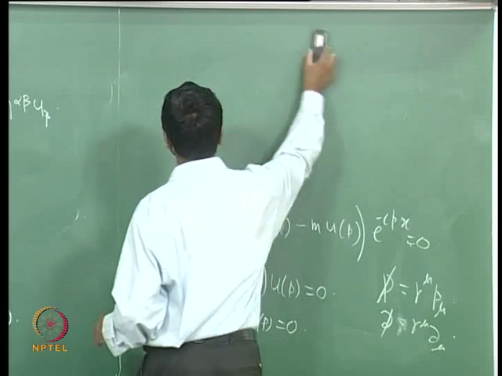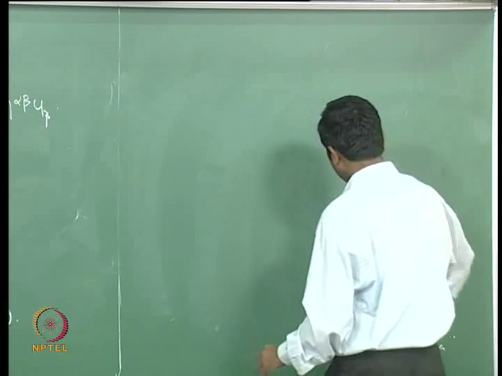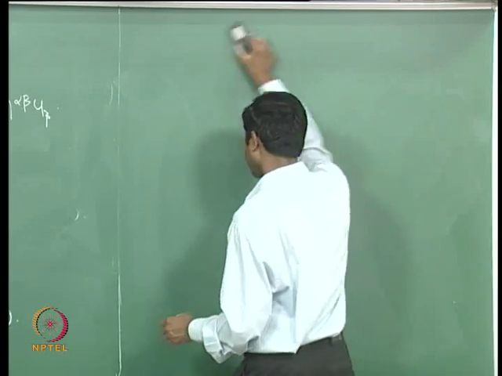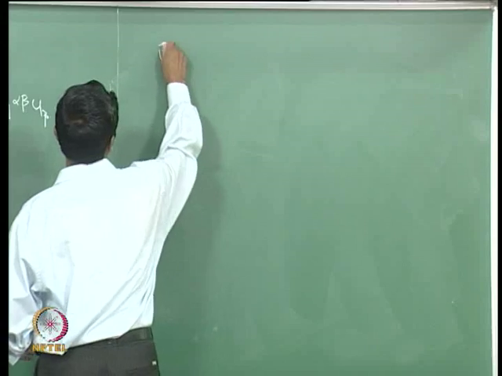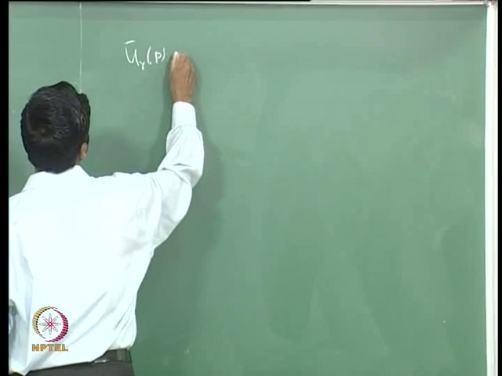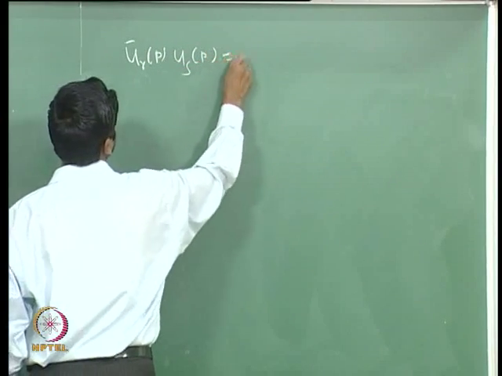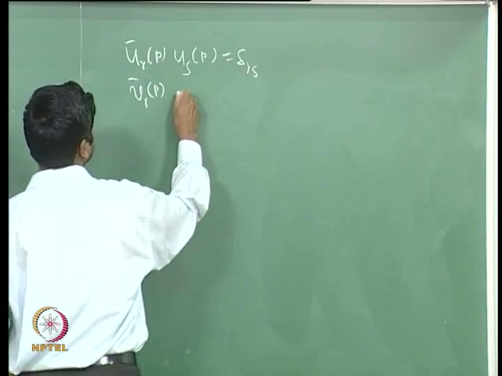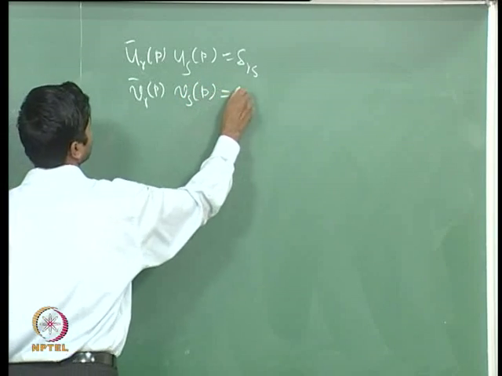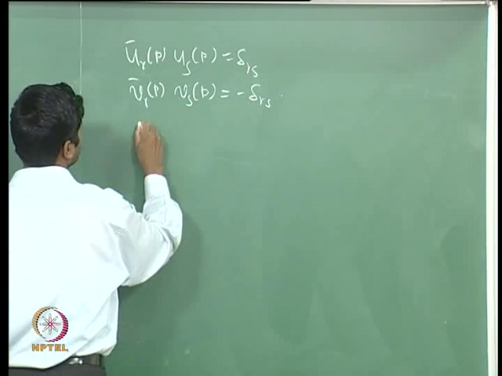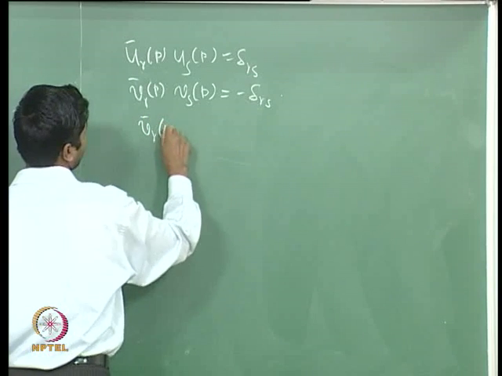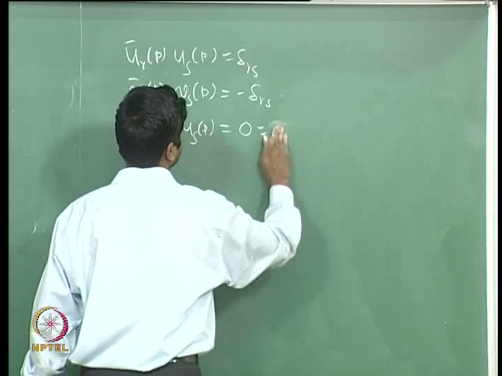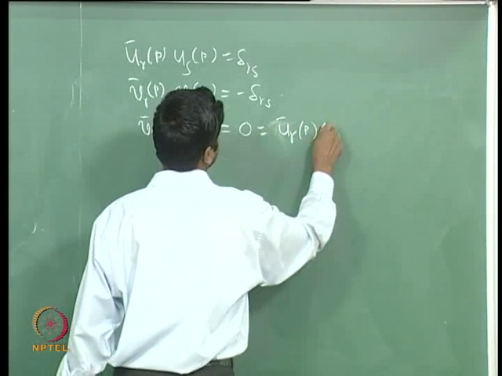So by explicit computations and using Lorentz invariance, we have seen that the spinors in momentum space obey the following relations: u bar r(p) u s(p) equals delta rs, v bar r(p) v s(p) is minus delta rs, v bar r(p) u s(p) equals 0 equals u bar r(p) v s(p).